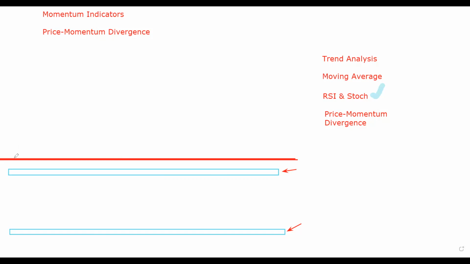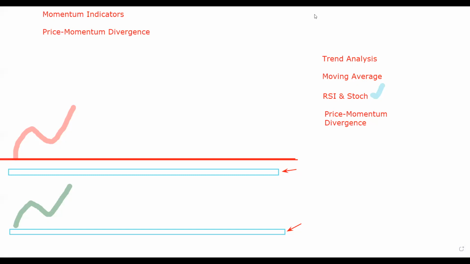So that means when price is going up like this, giving us a higher high like this, you would also expect the indicator to also give us a higher high like this. That's a normal price move, a normal price momentum move.